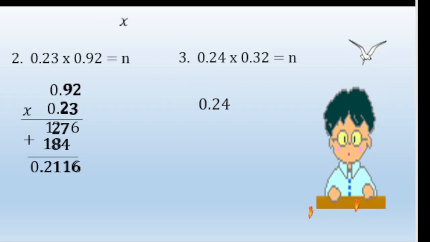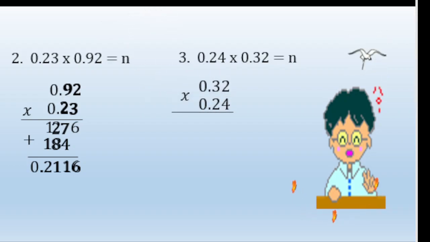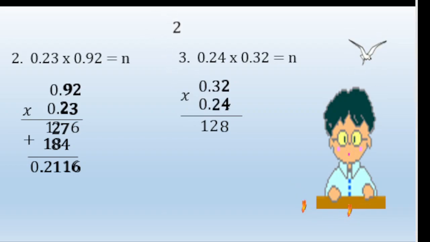Next, you have 24 hundredths and 32 hundredths, 2 decimal places again. So you have 24 times 32, so 4 times 2 is 8, then 4 times 3 is 12, then 2 times 2 is 4, then 2 times 3 is equals to 6, then add.